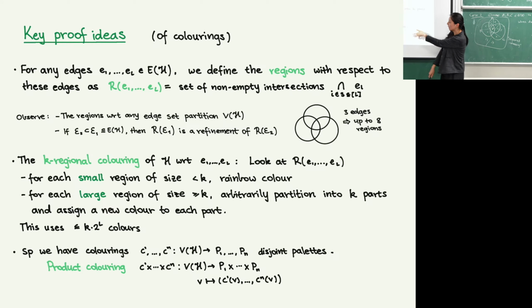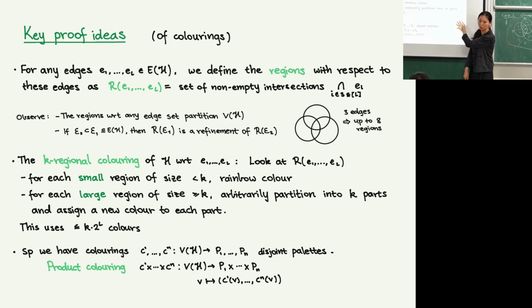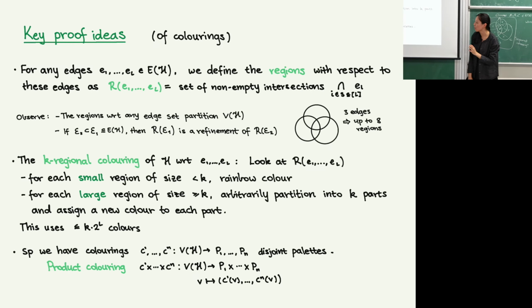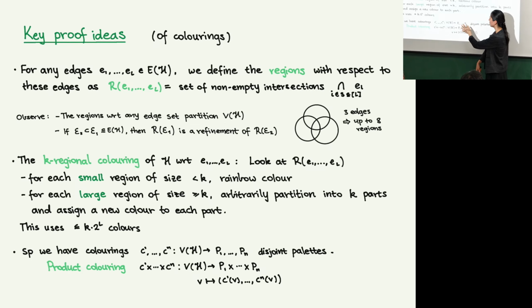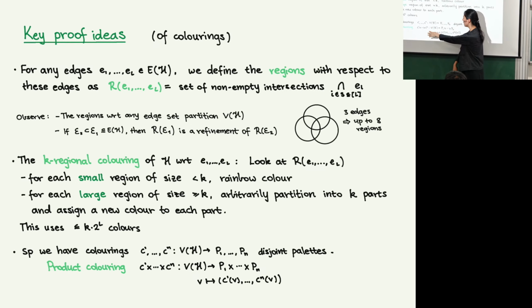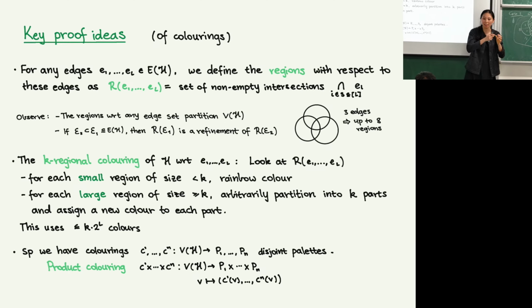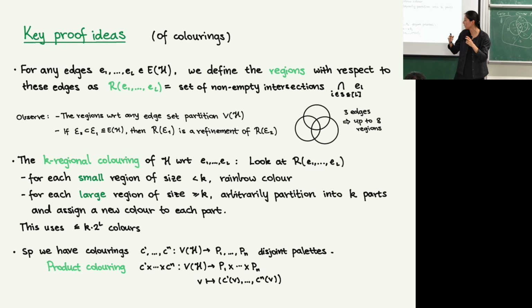Finally, it turns out the k regional colorings are really useful, but they're not quite enough for us. So we're going to add a few more colorings in, and the way we combine them is via taking a product coloring. That just means if we have a bunch of colorings where we assume the colors used are disjoint palettes, then the product coloring just colors each vertex with a tuple of the colors that it got from each individual coloring.